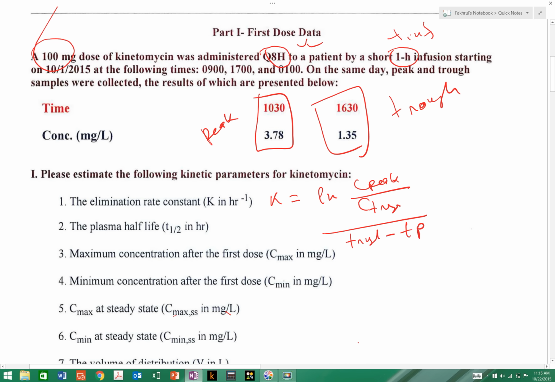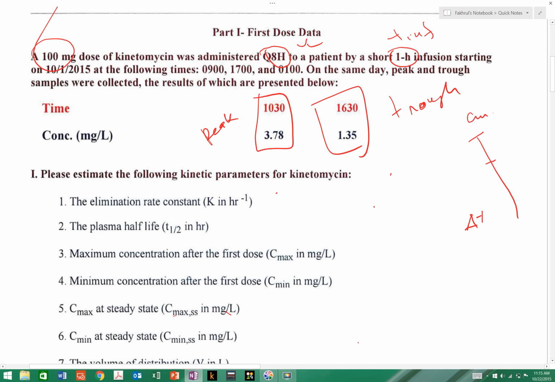Once you know the half-life, and for maximum concentration or Cmax at first dose, always you have to calculate delta T, which is this one. You may get confused with delta T. Always remember what delta T is.